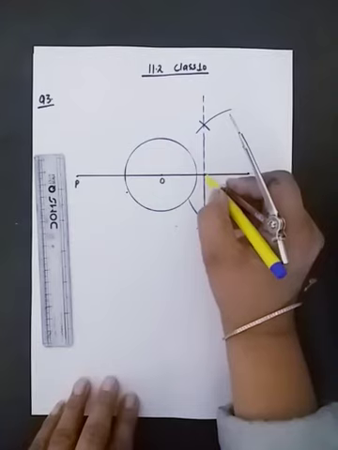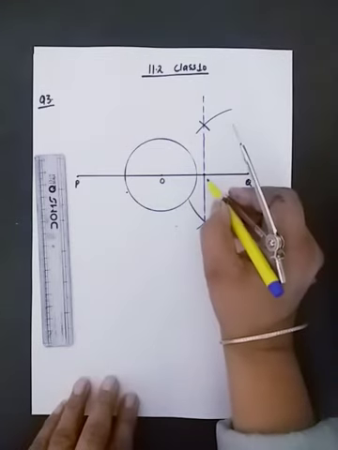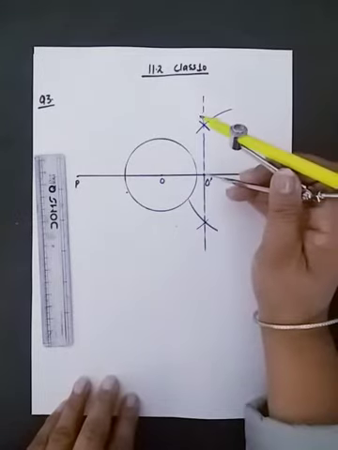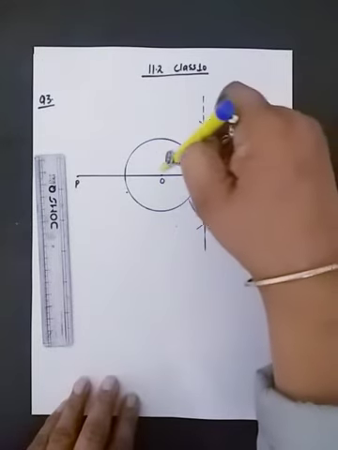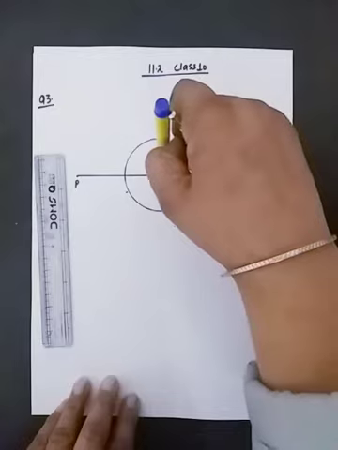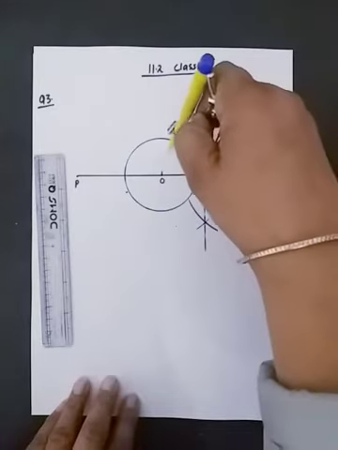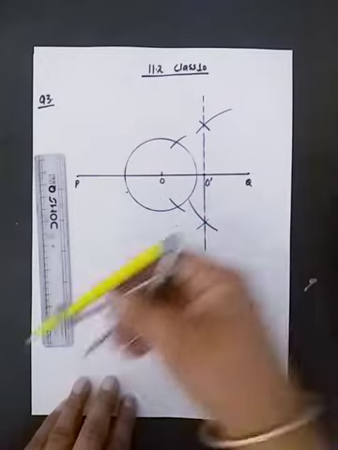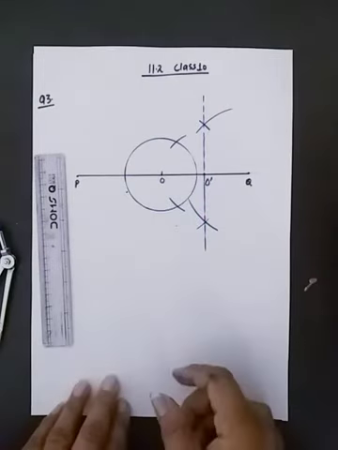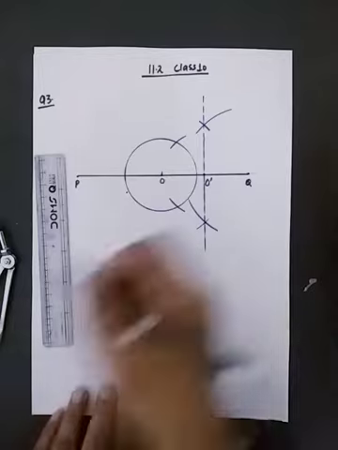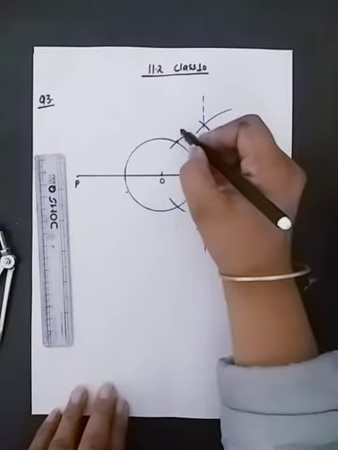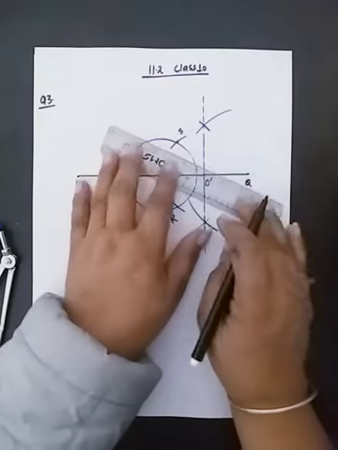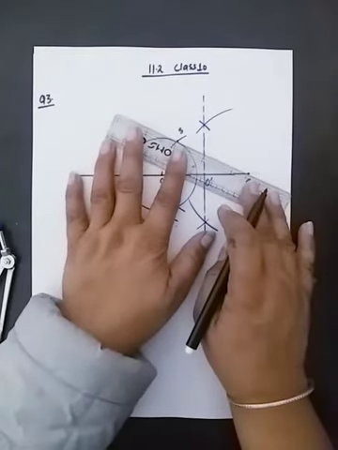Now taking this point as O dash and O dash as radius, meaning O dash जितना हमें radius लेना है, and we have to mark 2 arcs on our circle, and these arcs intersects our circle at point S and point R. Let us join QS and QR.